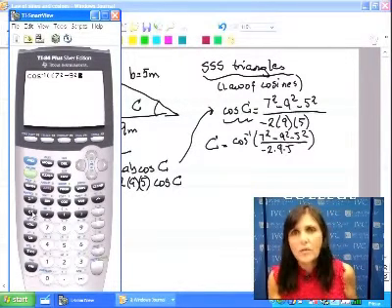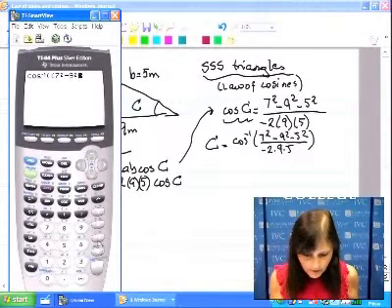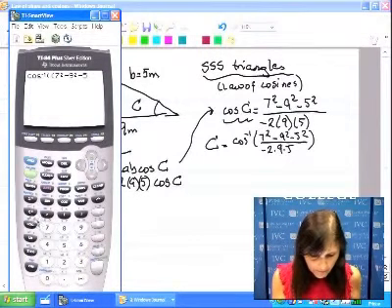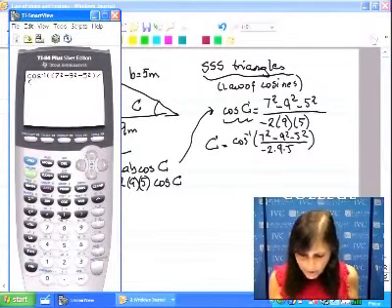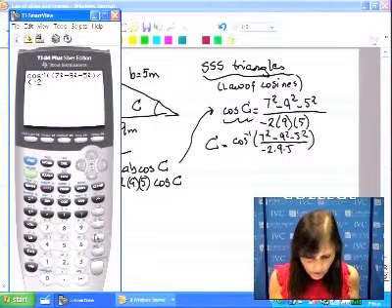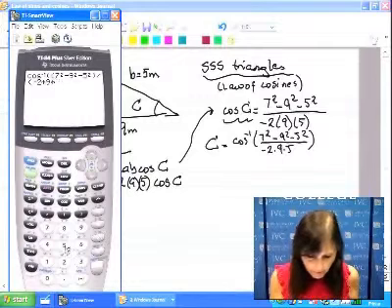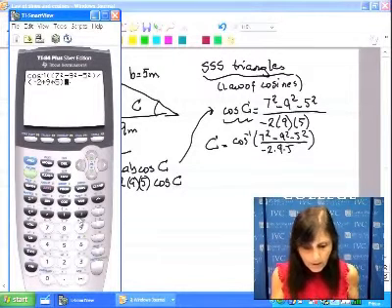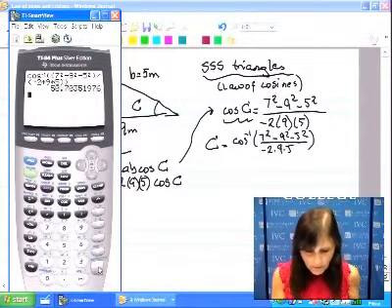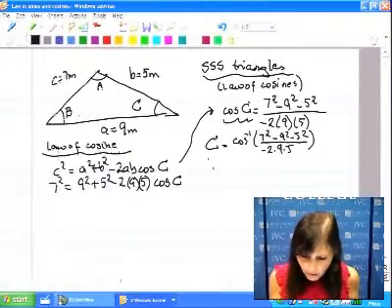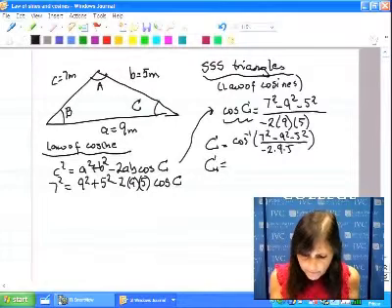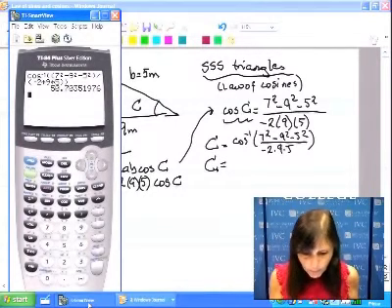I'm doing it that way so that you get familiar with using your calculator. Minus 5 squared, that's the top, divided by the bottom, negative 2 times 9 times 5. And then I need another parenthesis. And that gave me the angle of 50.7.